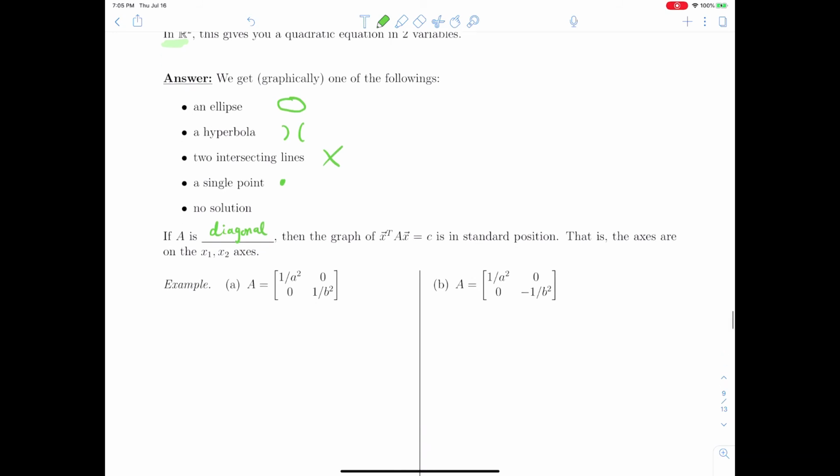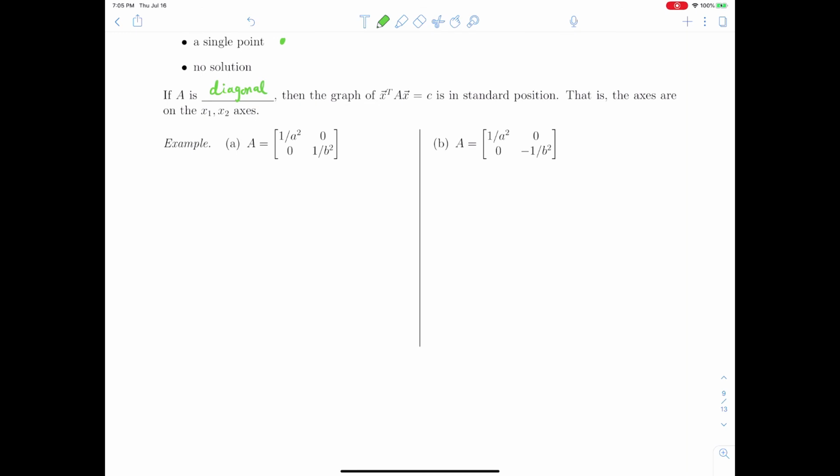So let's look at an example to see the graph of the quadratic form. Let's say A is given by this diagonal matrix. If you calculate x transpose times A times x, this gives x1, x2 times the matrix with 1 over A squared, 0, 0, and 1 over B squared, multiplied by x1 and x2. Distributing everything, we have x1 squared over A squared plus x2 squared over B squared.